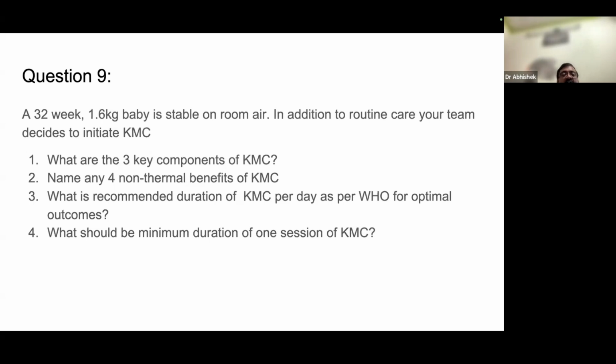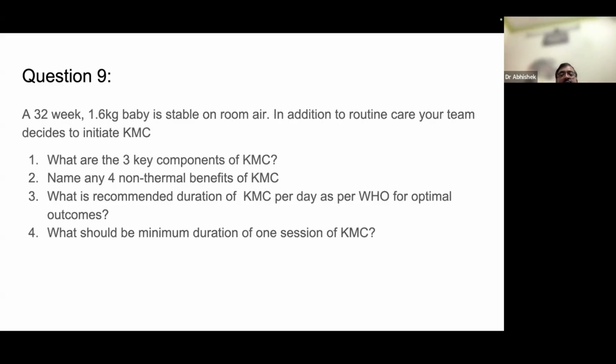Yeah, most of you have answered right. What is the recommended duration of KMC per day as per WHO for quality outcomes? 18 to 24 is quite long, Navdeep. Abdul, 20 hours is quite long. WHO recommends minimum 8 hours to say quality KMC. 8 is the right answer.